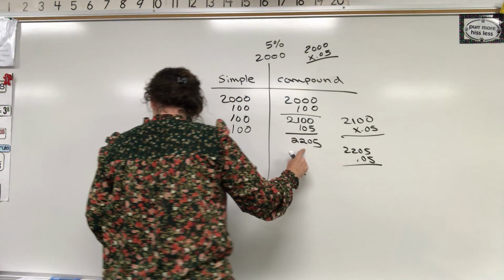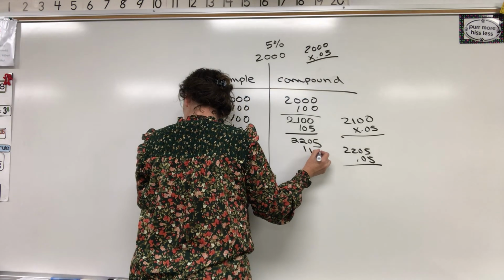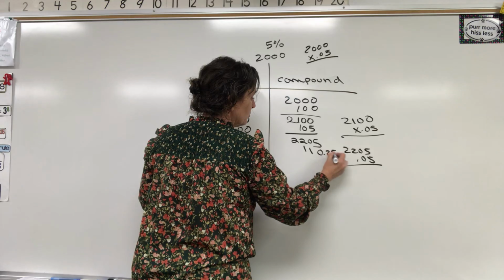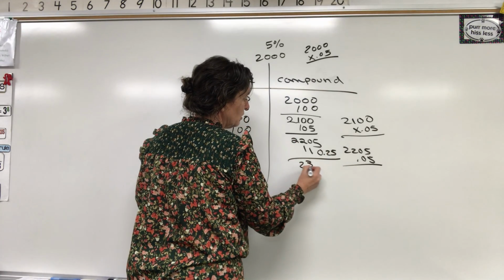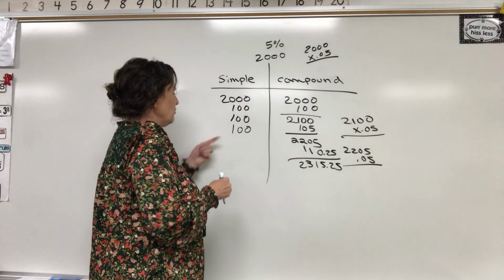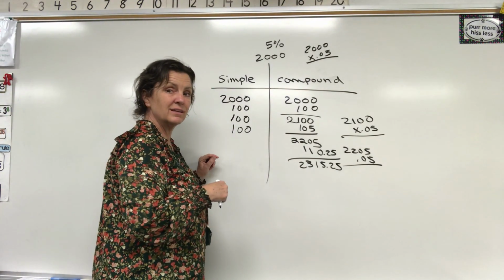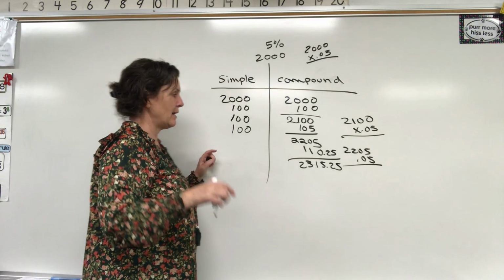Now, if you keep going, the next one is going to be $110.25. So this accounts up to, nice. Now, who cares? This is at $2,300, that's only $15 extra. But if this keeps going, think about that.